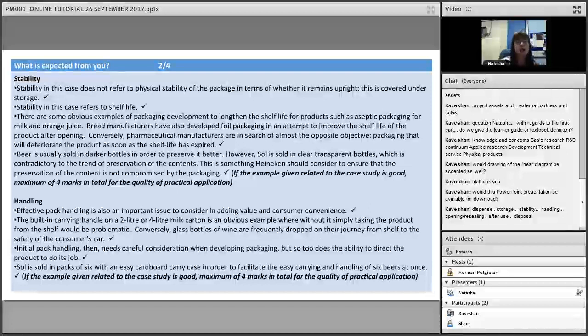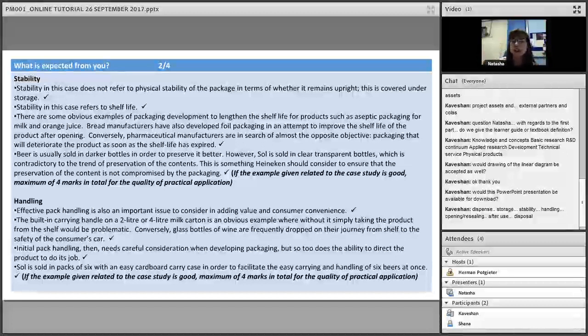Stability is with regard to the shelf life of a particular product. You need to mention it. Okay. You need to be able to give some other examples, should it be necessary, in order to improve the shelf life of a product. And then you need to relate your discussion back to the given case study.